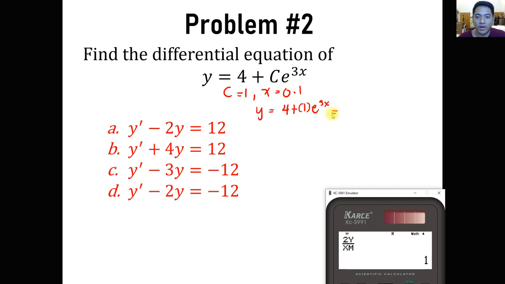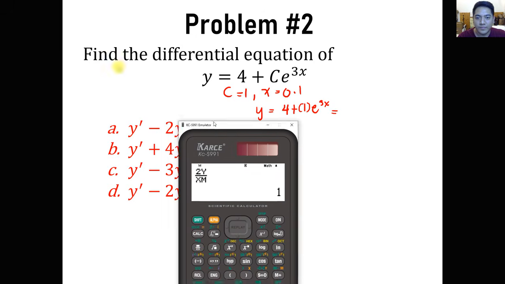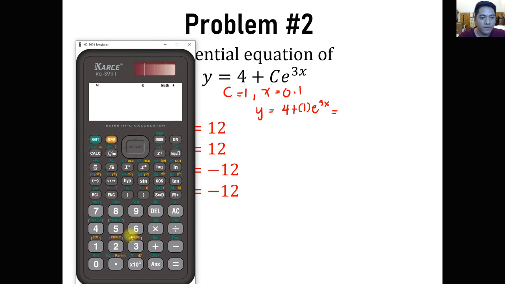We get that in our calculator to get y. So we have 4 plus alpha e raised to 3 alpha x. Calc, then it's asking for a value, 0.1. We shift store that into y because that is the value of our y.